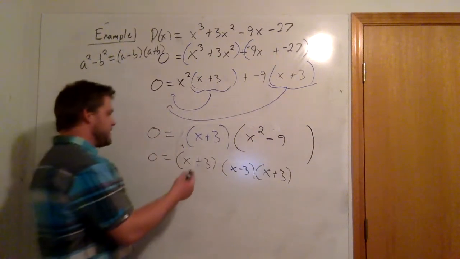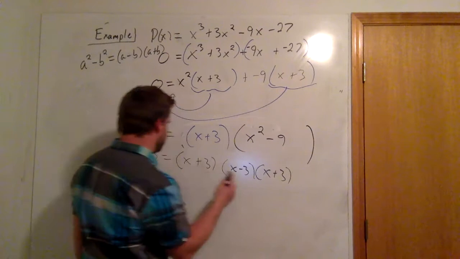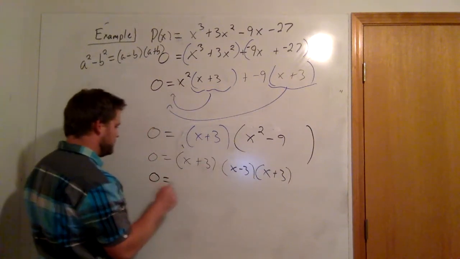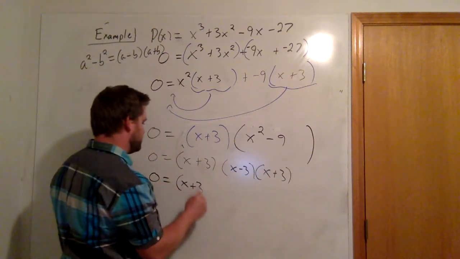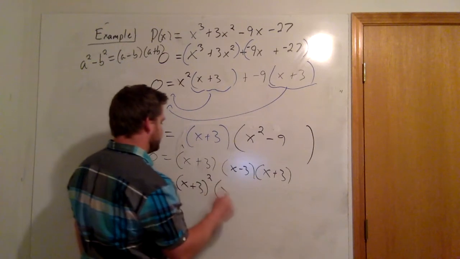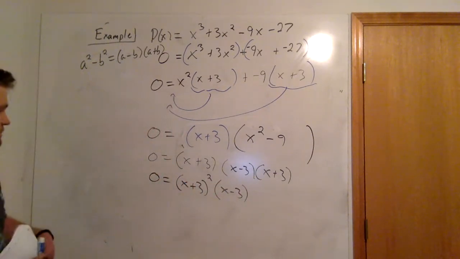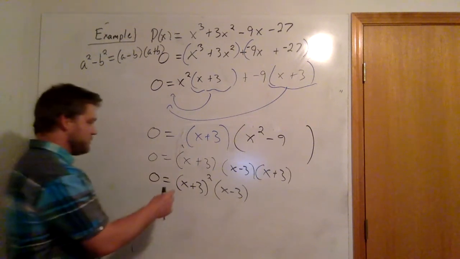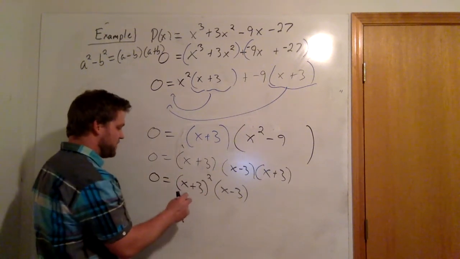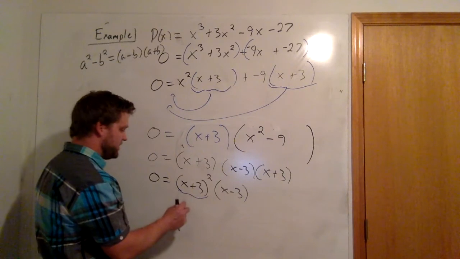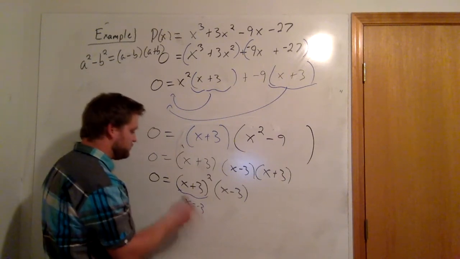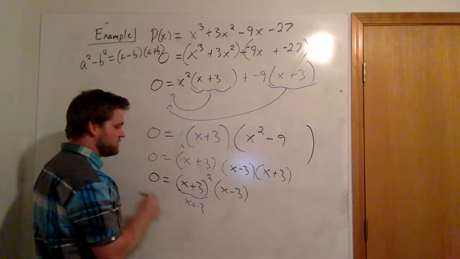Or if we want, we have two common factors of x plus 3. We could write this as 0 is equal to x plus 3 squared times x minus 3. So what are the zeros? Well, notice from this x plus 3 squared, if I were to plug in x equals negative 3, this whole piece would get zeroed out.